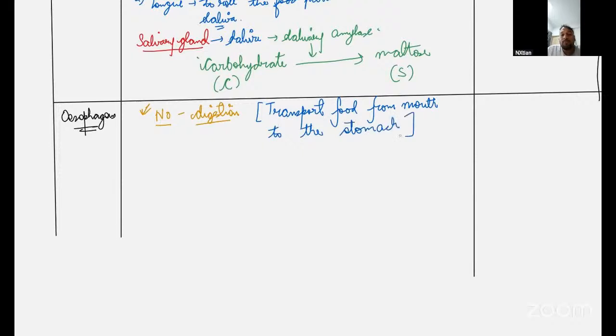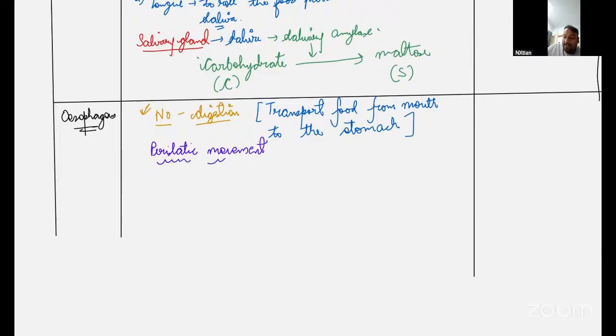Okay, this is the role of esophagus. And by which movement? By the peristaltic movement. Now, what do you mean by peristaltic movement?